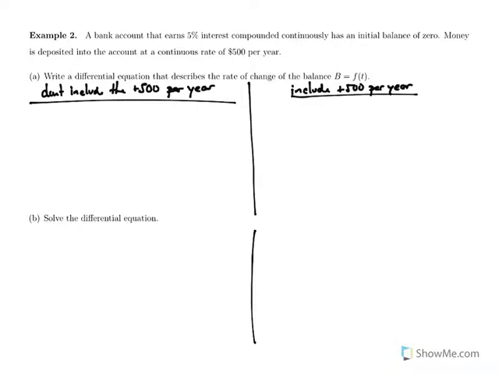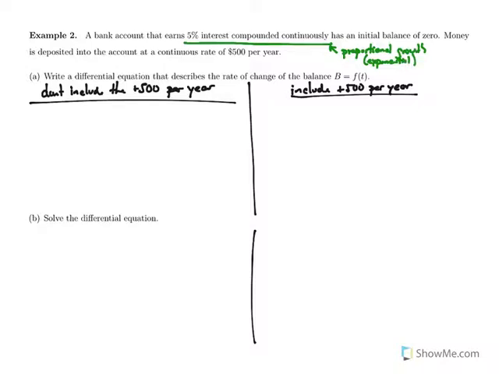So first, if we don't include it, then the balance B is increasing at a rate proportional to the balance. This 5% interest is our proportional growth, our exponential growth.